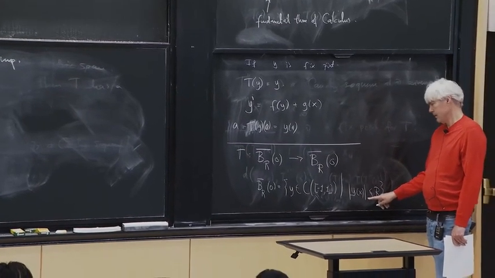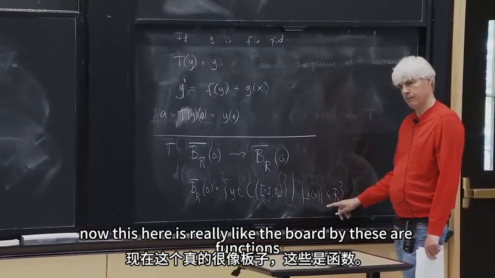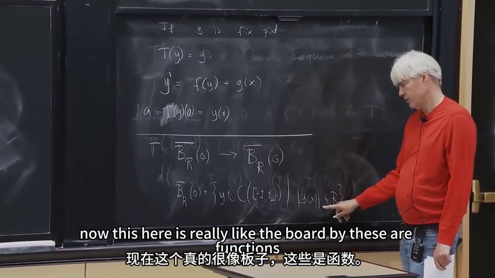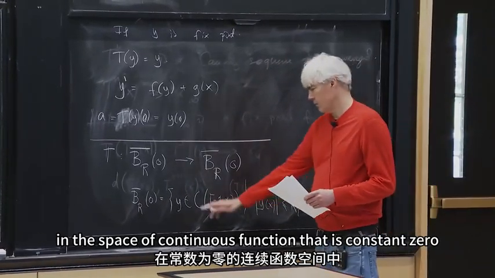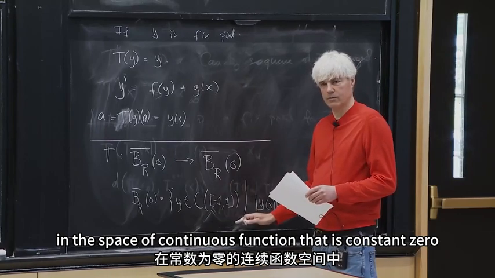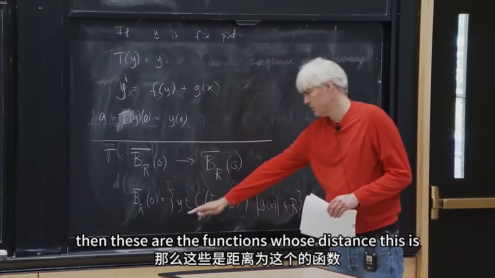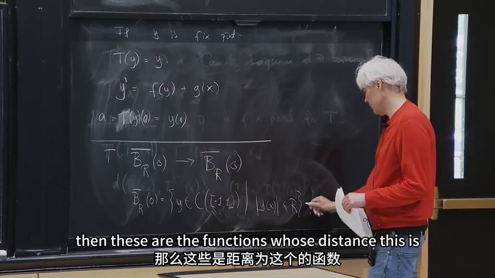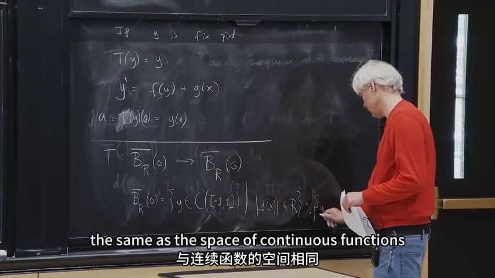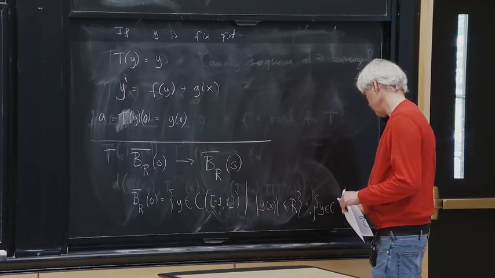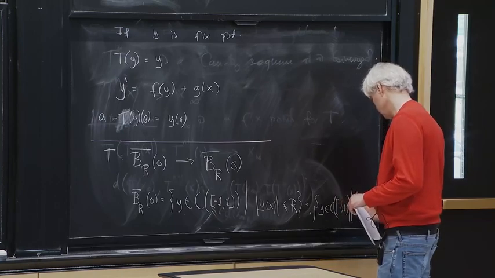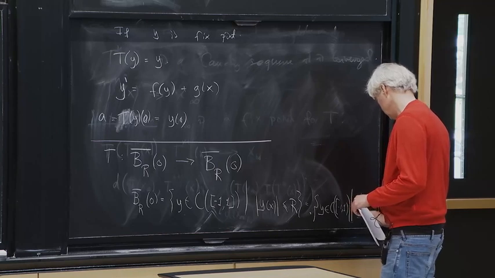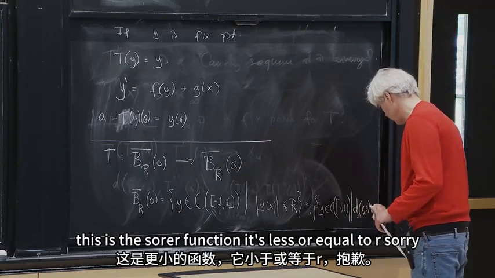Now this here is really like the ball. If you're thinking about the function in the space of continuous functions that is constant zero, then these are the functions whose distance to the constant function 0 is at most r.